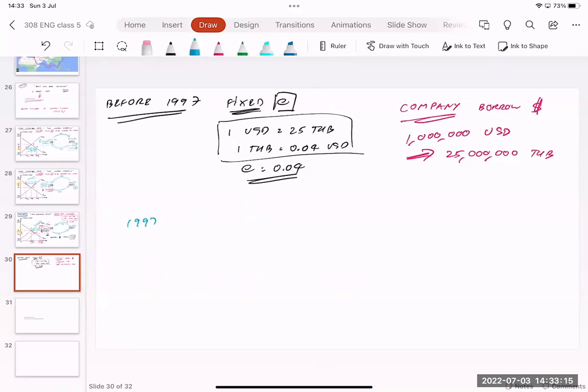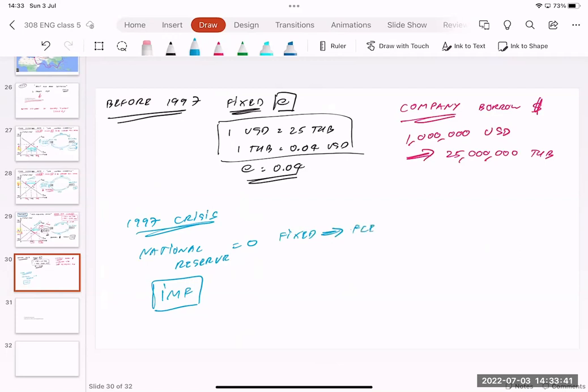So when we had the 1997 crisis, the national reserve was all gone, equal to zero. So we needed to borrow money from the IMF, and the IMF asked Thailand to change from fixed to flexible exchange rate.